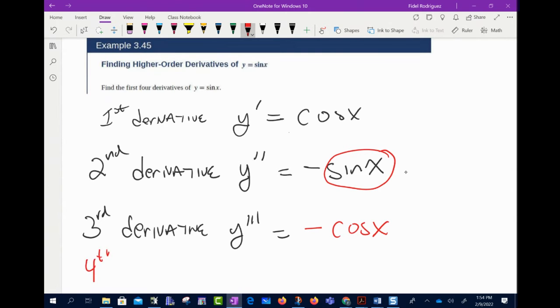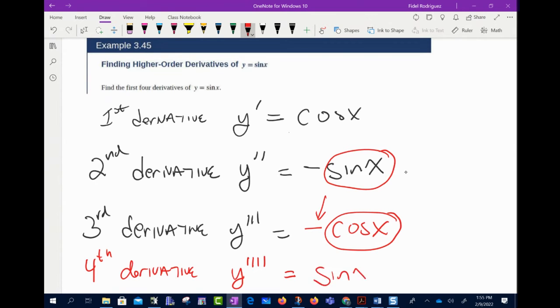And then finally, the fourth derivative, y 1, 2, 3, 4. What did we say the derivative of a cosine was? A negative sine. And with this negative right here, what's going to happen? It cancels out and becomes a positive.